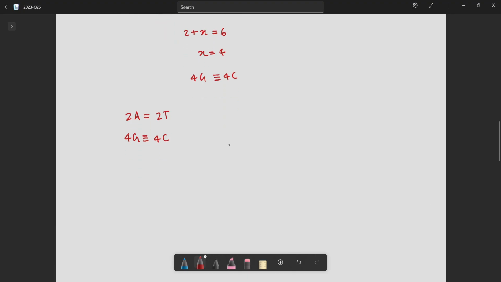So the total hydrogen bonds is equal to 2 times 2, because there are two hydrogen bonds between adenine and thymine, plus 4 times 3, since the 4 guanines base pair with 4 cytosines with 3 hydrogen bonds. This gives a total of 16 hydrogen bonds.